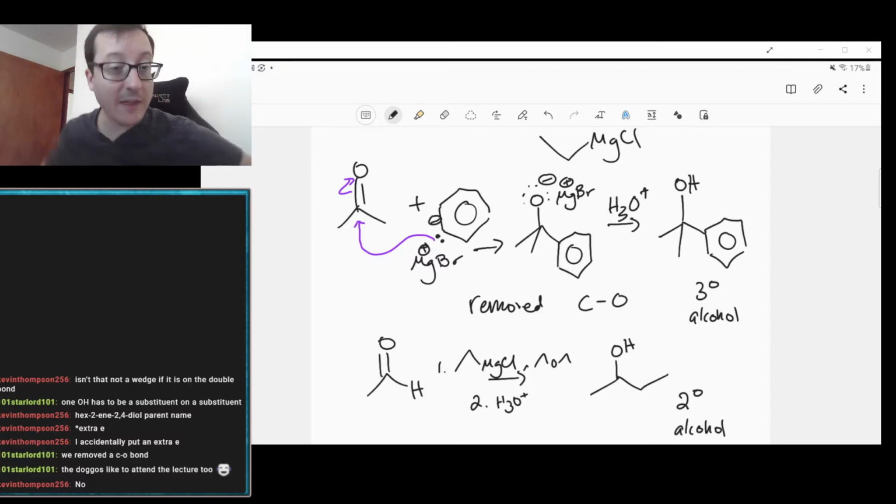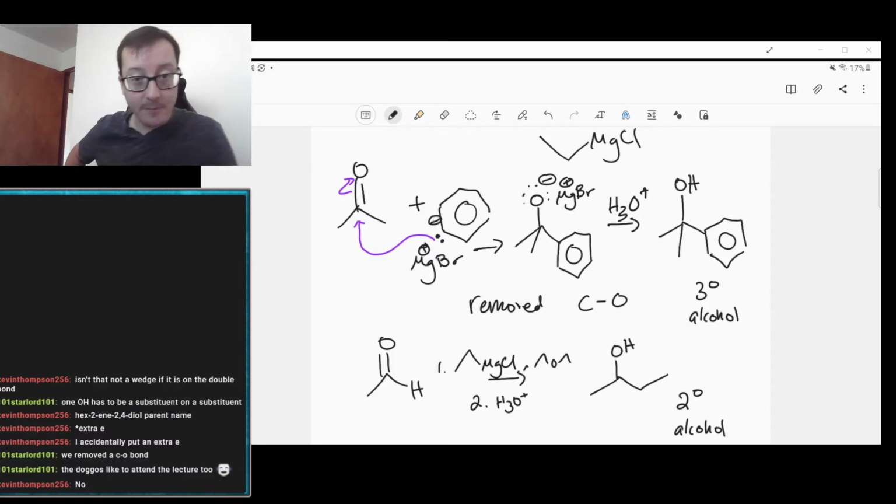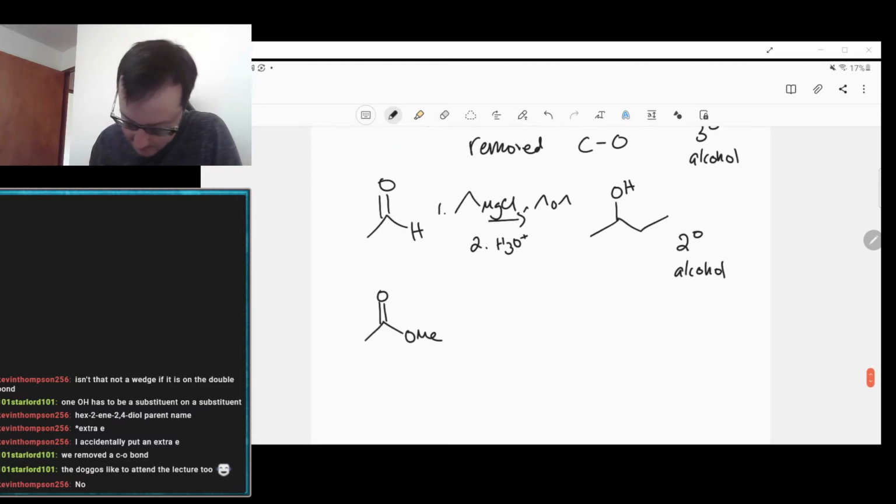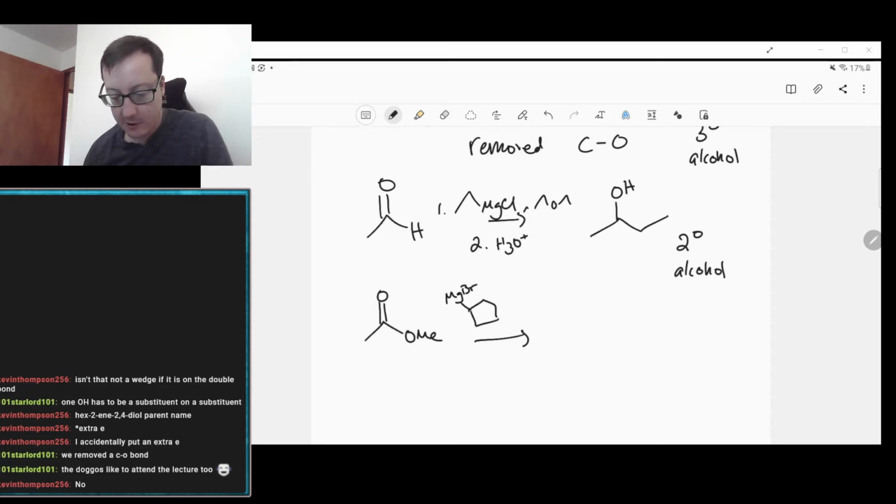We're going to see, however, with esters, we're going to have a similar thing happen. With esters, we need 2 equivalents of our Grignard reagent. If we do this, and let's say this time we're going to use cyclopentyl MgBr, because why not?